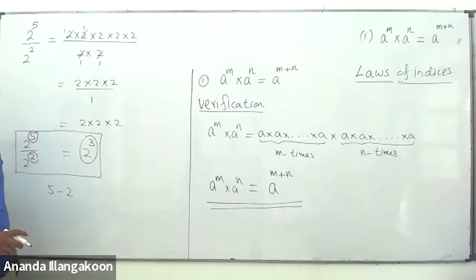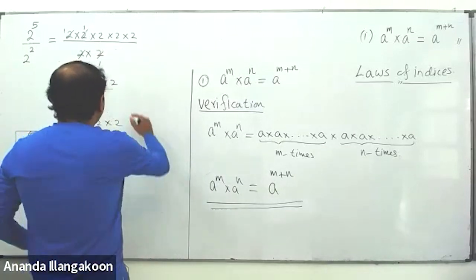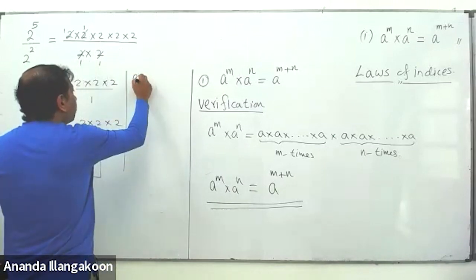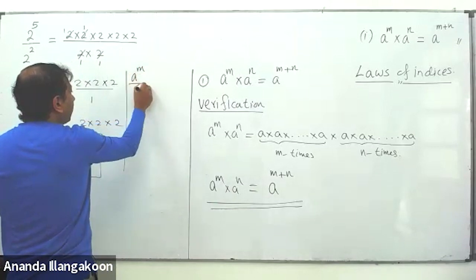So therefore, we get the second index law like this. What is the second index law? A to the power m divided by a to the power n.